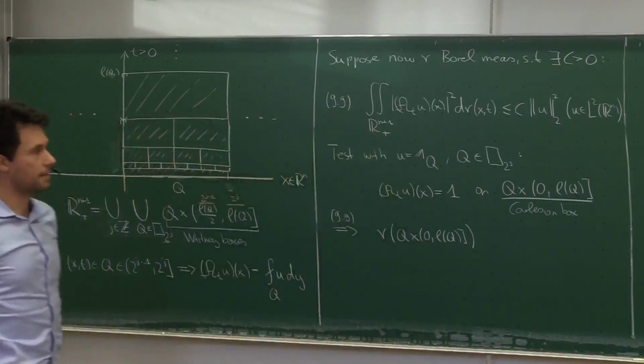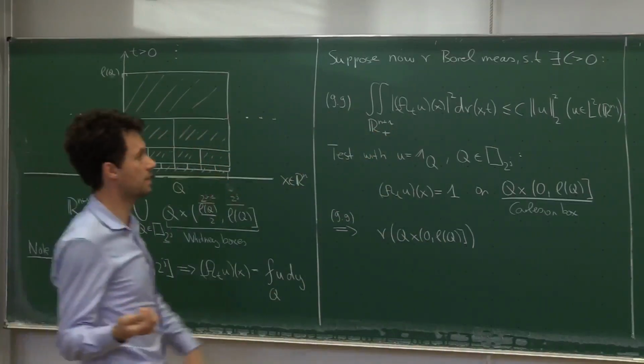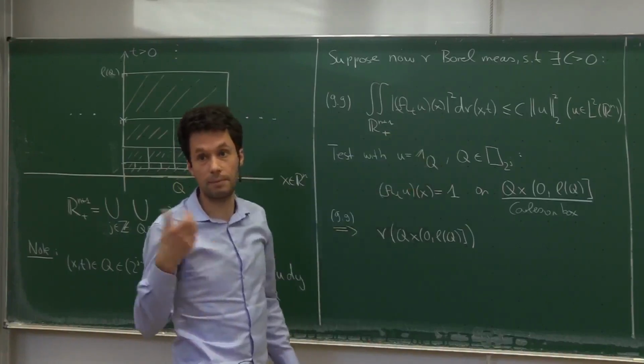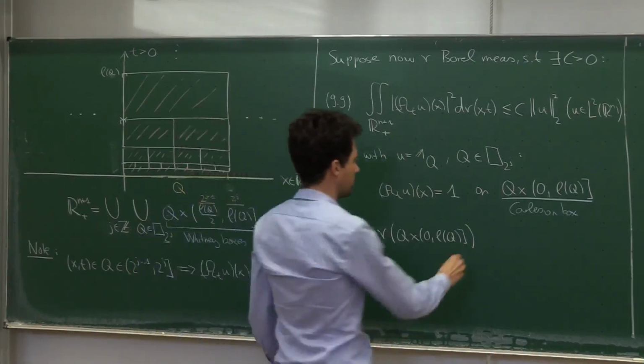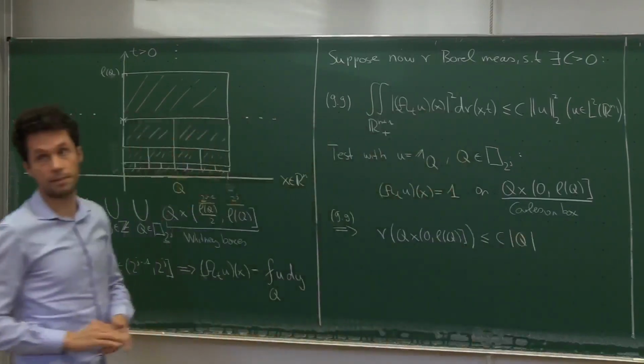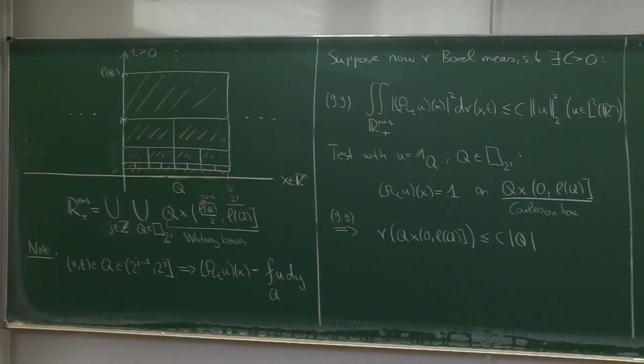And on the right hand side, I'm getting a constant times the L2 norm of this indicator function squared, which is just the Lebesgue measure of the cube. So I get this estimate with a universal constant for every dyadic cube.